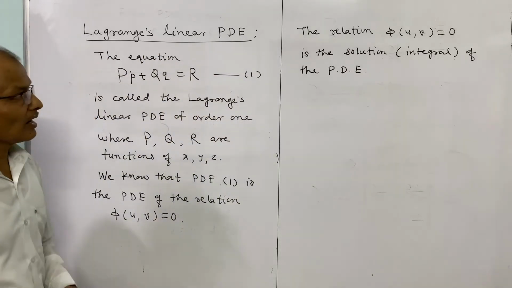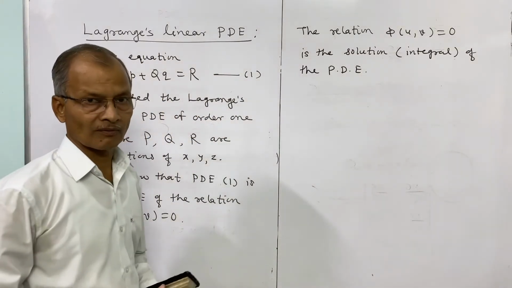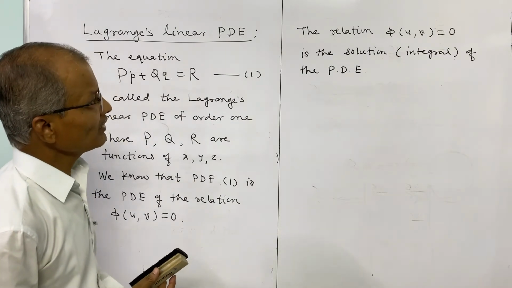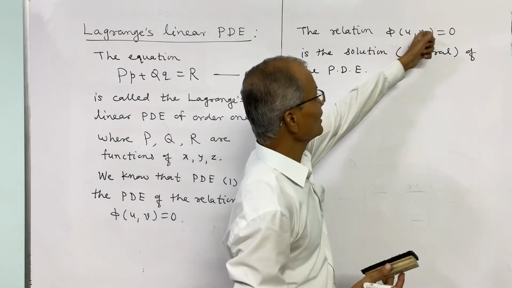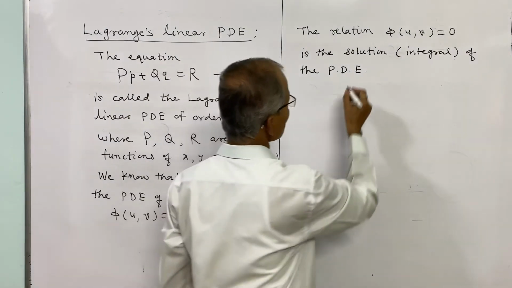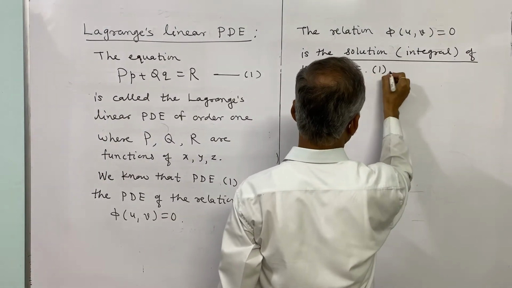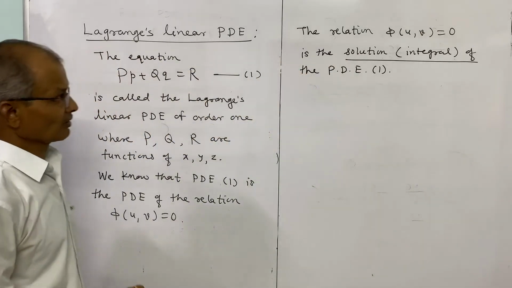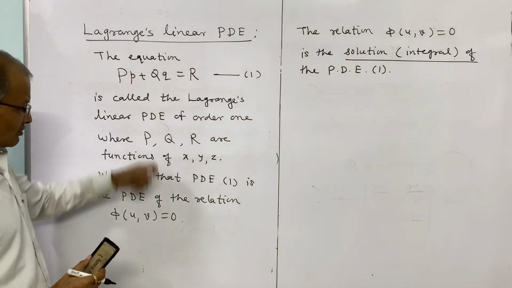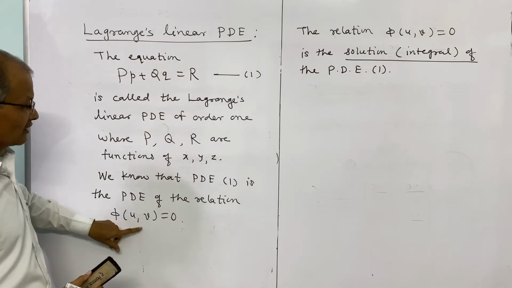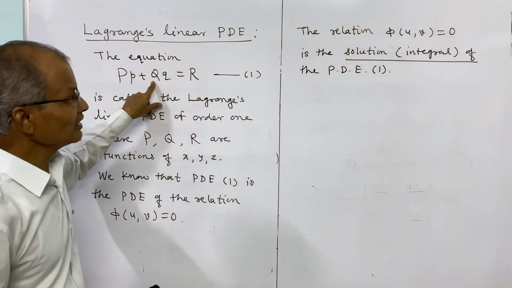Now u and v are to be found out, and how to find u and v, that we shall consider. So this is the solution of PDE 1, that is to be noted. The relation between these two: this is the PDE of this equation, and this equation is the solution of PDE 1.